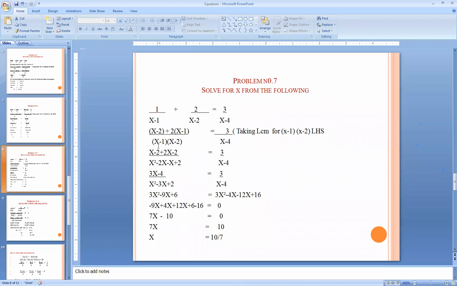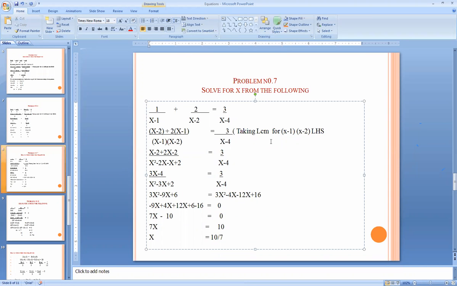When the two consecutive brackets, x minus 1 and x minus 2, are going to be multiplied, how do you multiply here? First, I'll simply show here. With this x, which is plus x, you should multiply x minus 2: x into x minus 2, close the bracket.